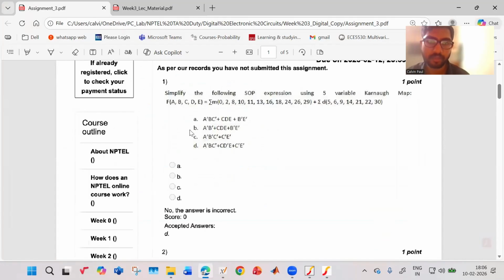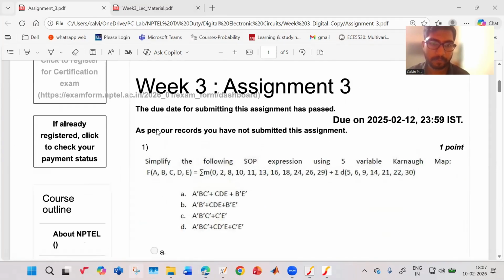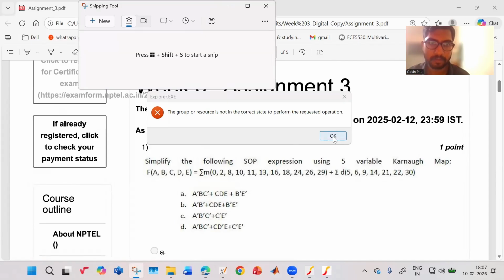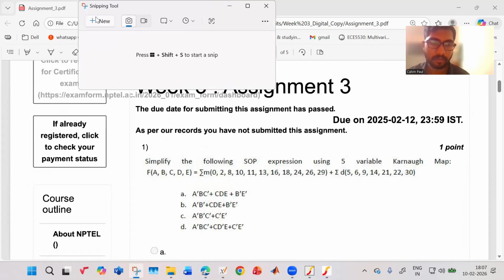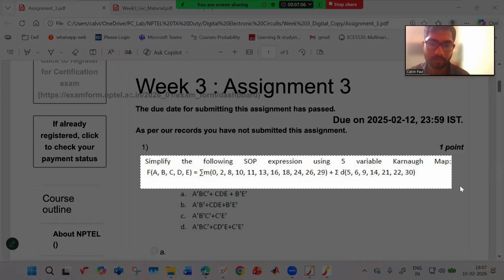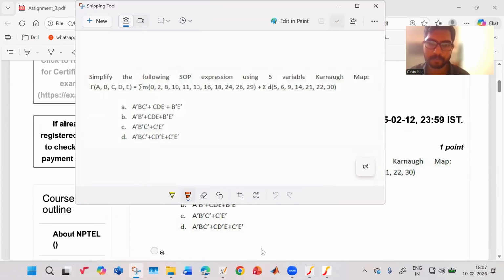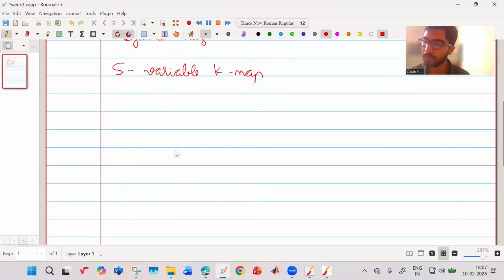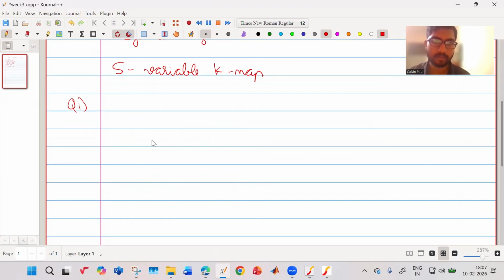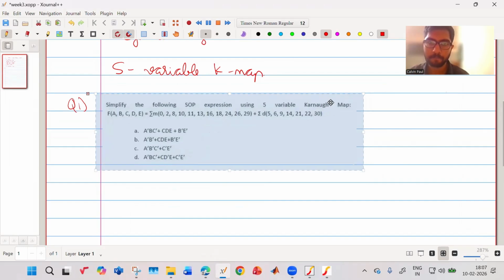This is the question, and these are the options. There are 5 variables: A, B, C, D, E.